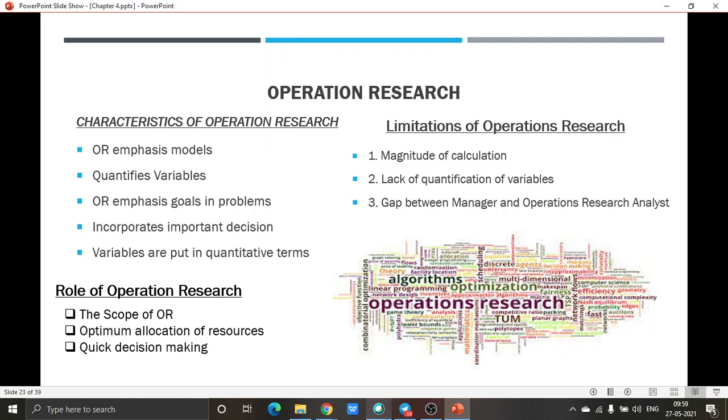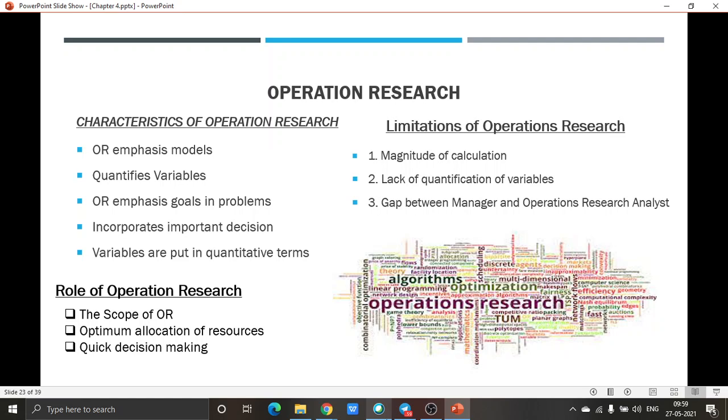And the second one is that operational research helps in optimum allocation of resources in the organization. This goes without saying that the main problem before any organization is how to allocate limited resources to various units and subunits in the organization, so that every resource is utilized in the best way.